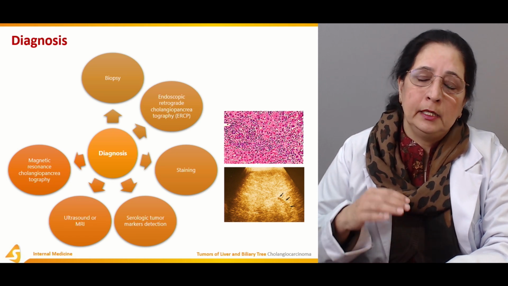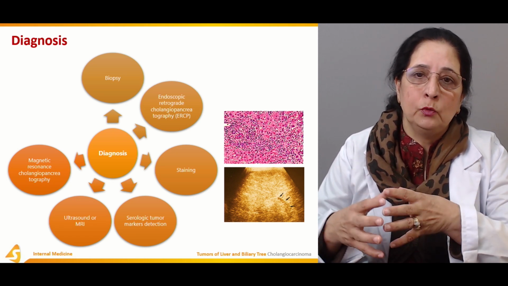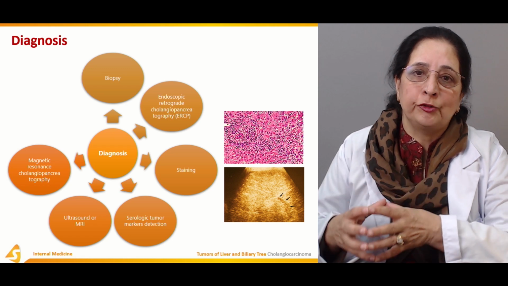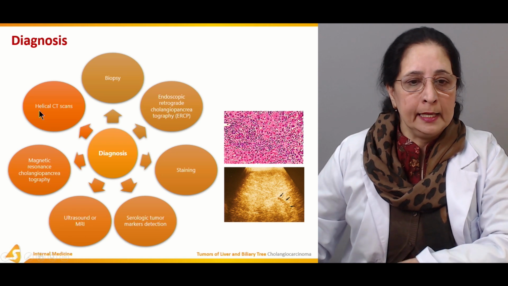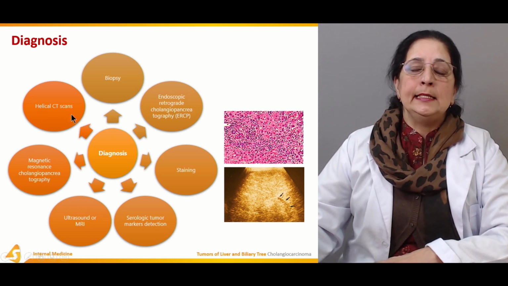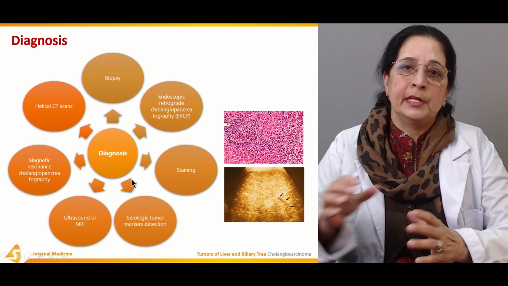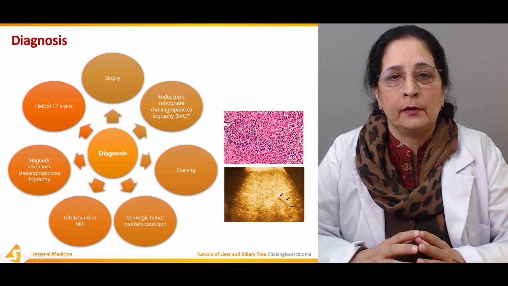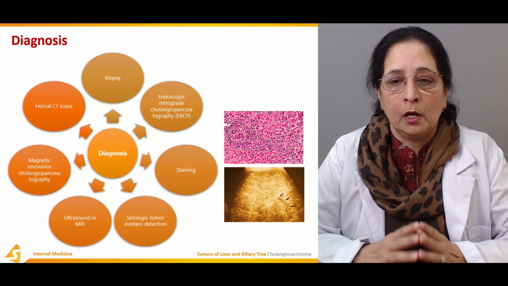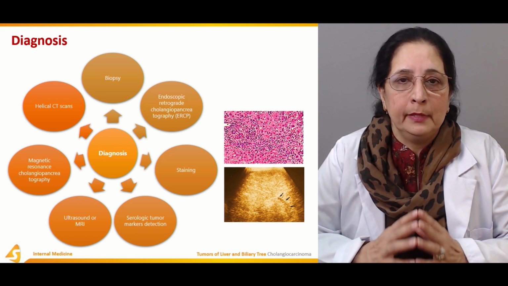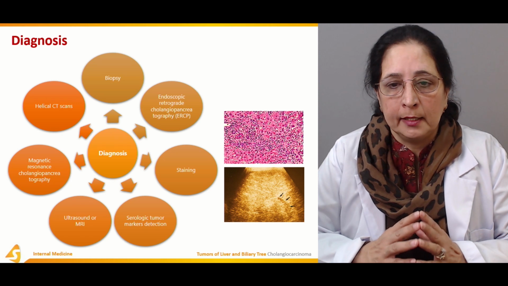So these are the recordings done in which we look at both the biliary tree and the pancreas. And then we have helical CT scans. So these are some diagnostic tests done for cholangiocarcinoma or the tumors of the biliary tree or biliary duct.